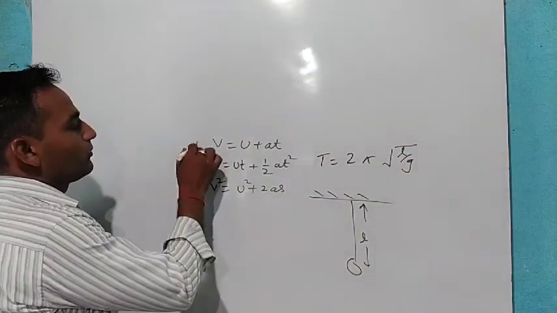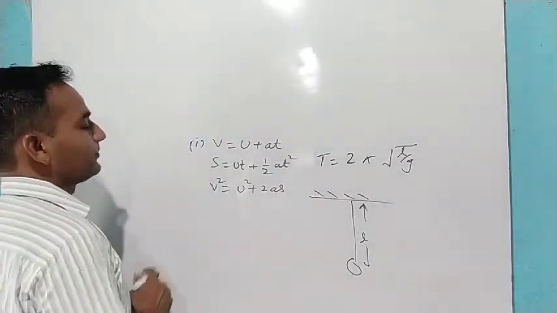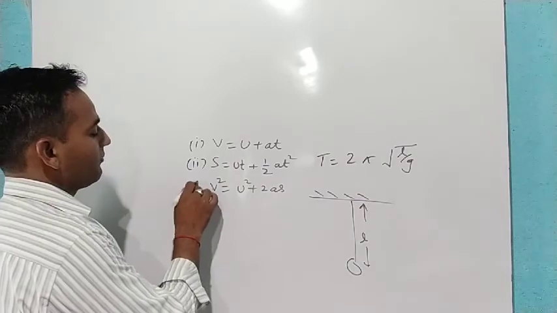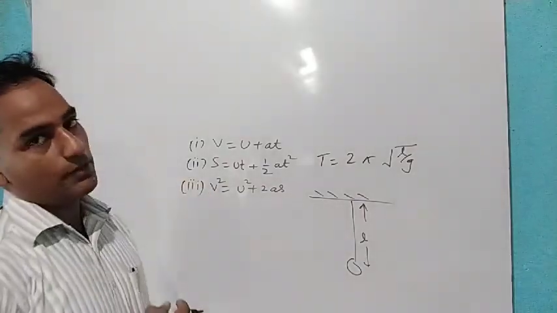So V is equal to U plus AT is the first equation of motion. Second is S is equal to UT plus half AT square, and third one is V square is equal to U square plus 2AS.